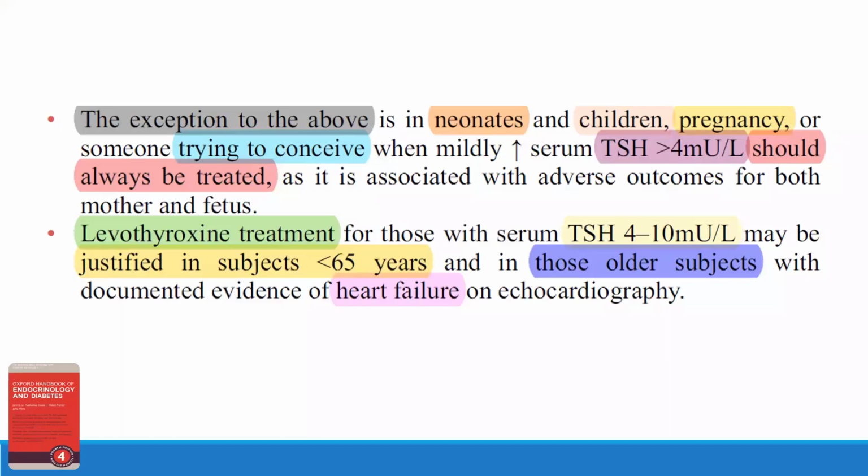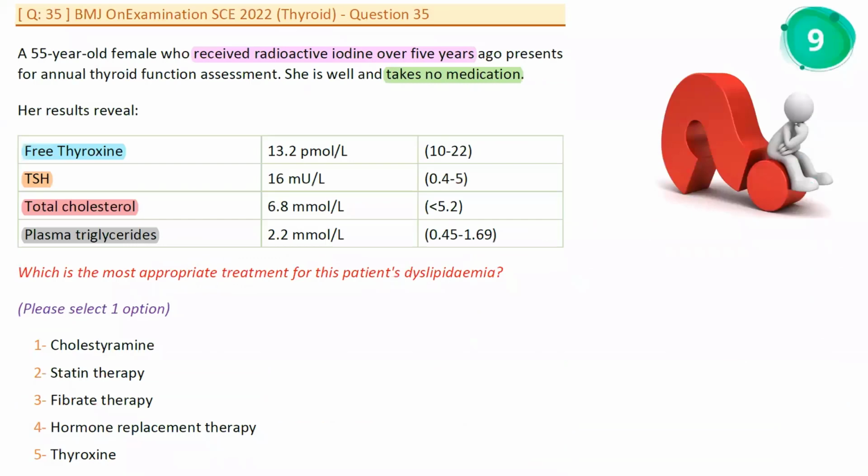In this situation, if the TSH is more than 4, or in a previous recommendation more than 2.5, we should always treat with levothyroxine. Levothyroxine treatment for those with a serum TSH of 4 to 10 may be fine in patients less than 65, and in older subjects and in patients with cardiac disorders or heart failure on the echocardiogram, I will cover this.